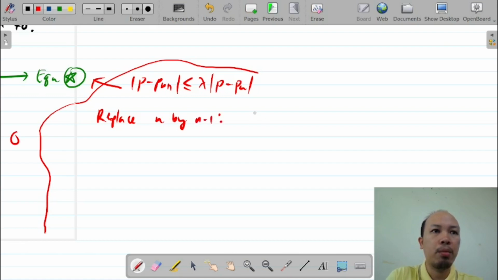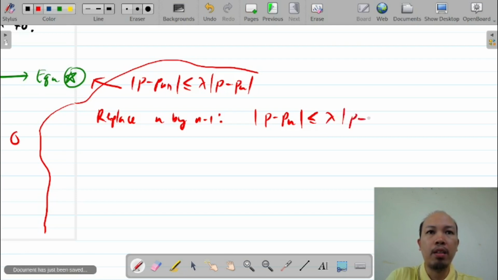So what we have here is the absolute value of P minus P sub n, since n minus 1 plus 1 is n, is less than or equal to lambda times the absolute value of P minus P sub n minus 1.